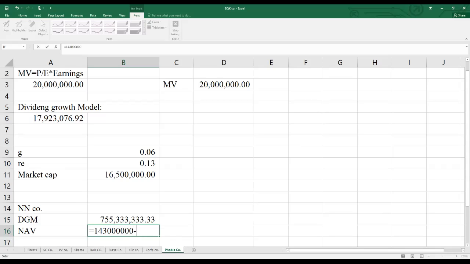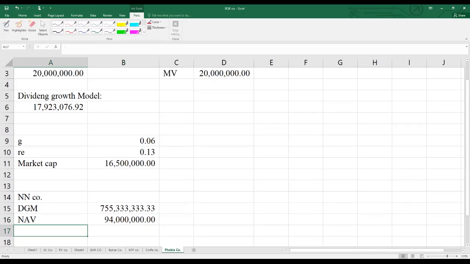Current liabilities are 29 million, plus the non-current liabilities given there, total liabilities 49 million. So I simply minus 49 million from 143 million, which gives 94 million as the company NAV. Simply the company's total assets minus total liabilities, 143 minus 49. Clear?